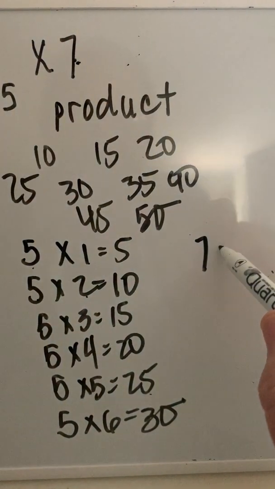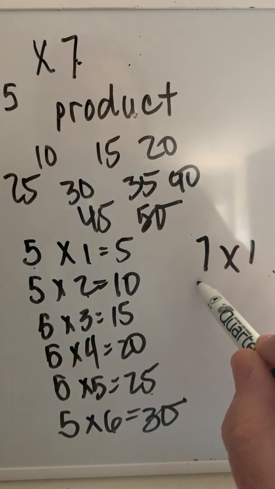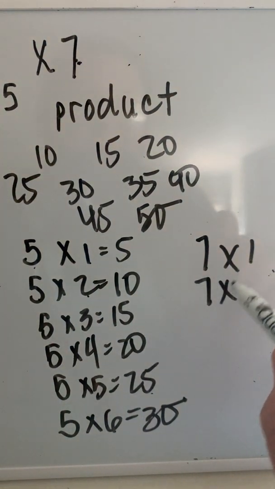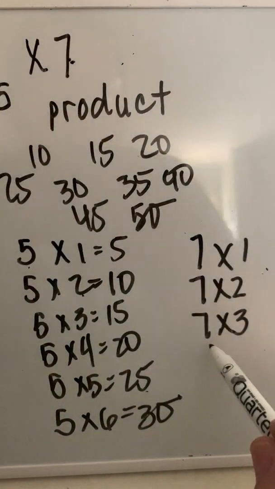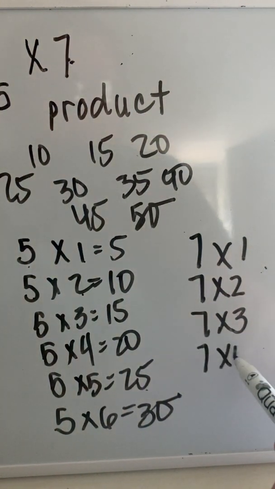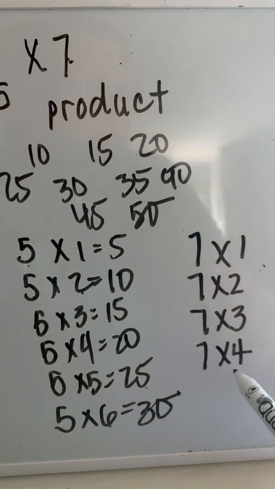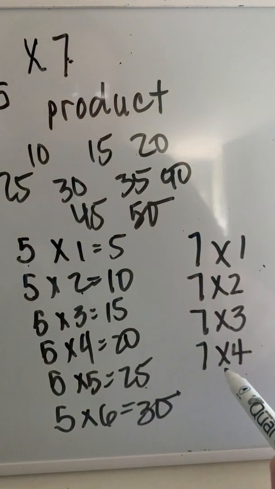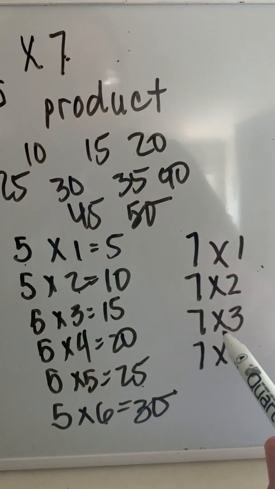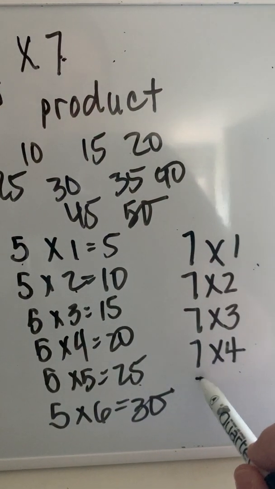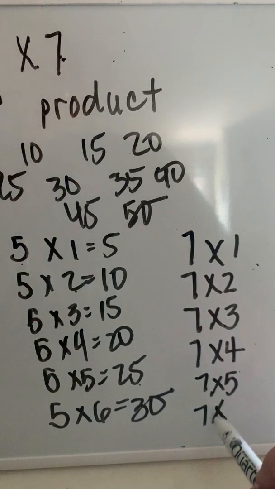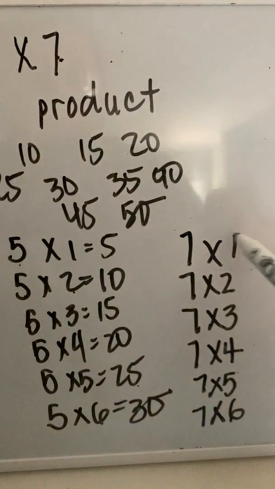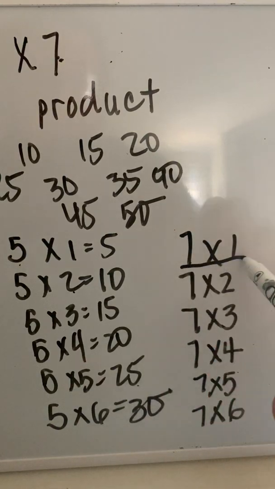So 7 times 1, I need a bigger board, huh? 7 times 2, 7 times 3, 7 times 4, 7 times 5, 7 times 6. All right, let's just do this one.